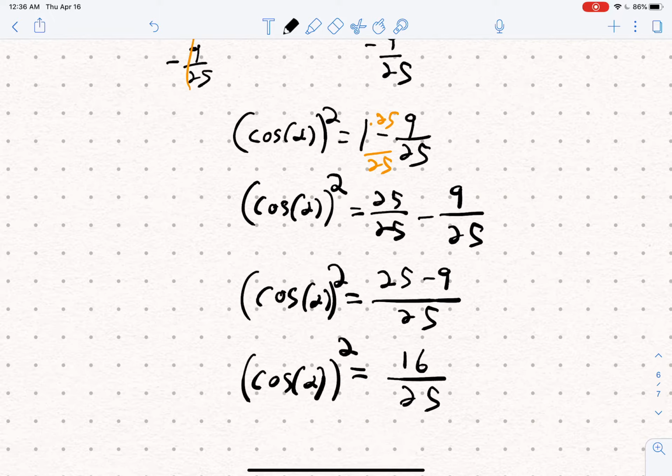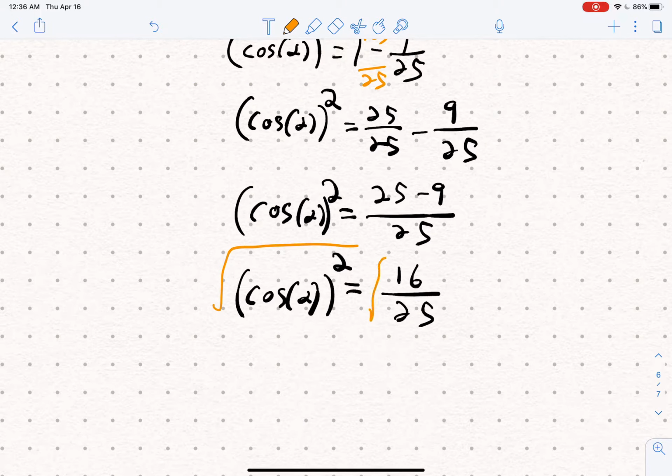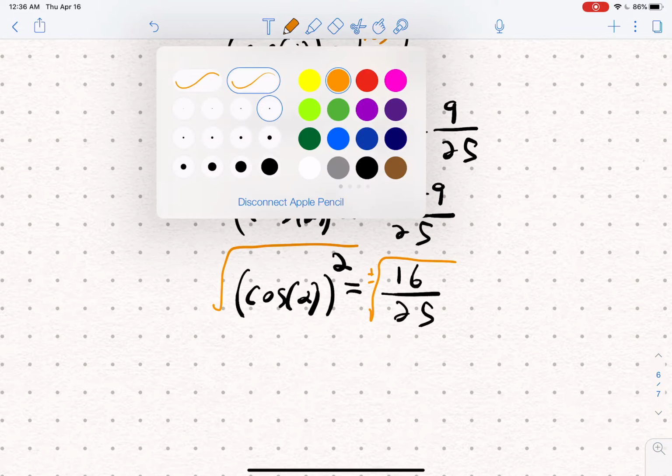And now to get that cosine of alpha by itself, I'm going to take the square root. That's what will cancel off the squared. But beware, when I take a square root on both sides, to cancel off a squared, I must put a plus or minus on the right-hand side because fundamentally every positive number has 2 square roots, a positive one and a negative one.